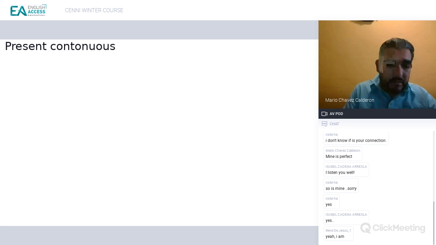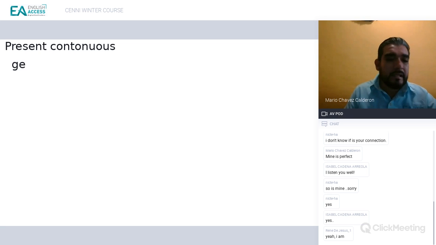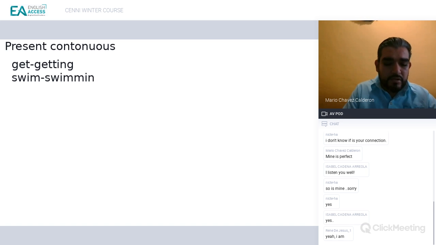The ing form. When we use the ing form, we need to remember that if the verb ends in consonant, vowel, consonant, we double the consonant, right? Like get. When we use the ing, we say getting, or swim. When we use the ing form, we use swimming.